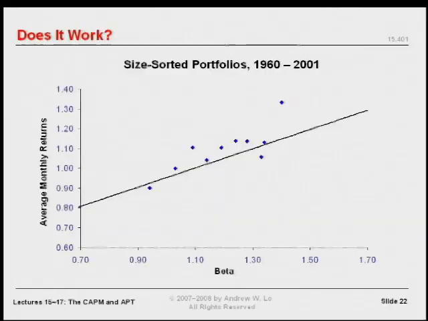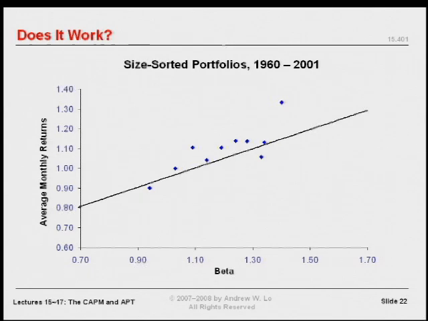Here's a picture of size-sorted portfolios along the security market line. So remember, security market line is a graph of beta and expected return, right? The security market line applies to all portfolios and securities, unlike the capital market line that applies only to efficient portfolios and securities.